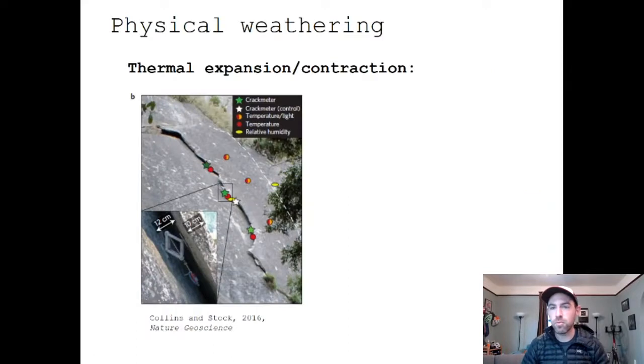It's actually a measurable phenomenon. This is a really cool paper from relatively recently where they put little pressure sensors inside these rocks, and they measured the amount of expansion and contraction that occurred on a day-to-day basis.